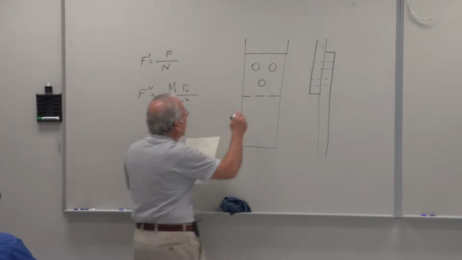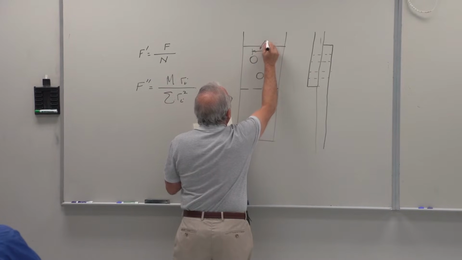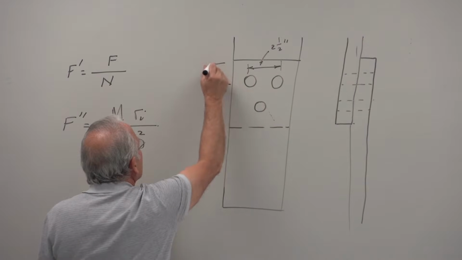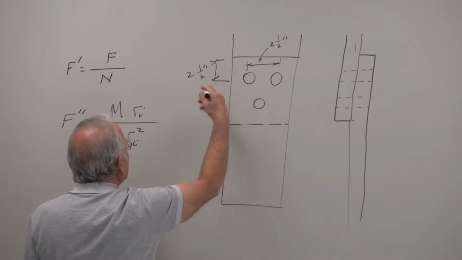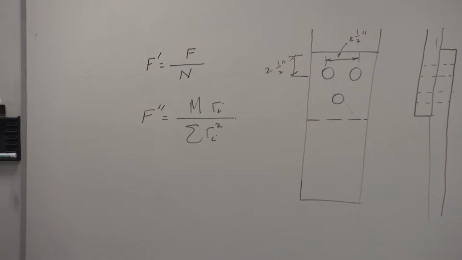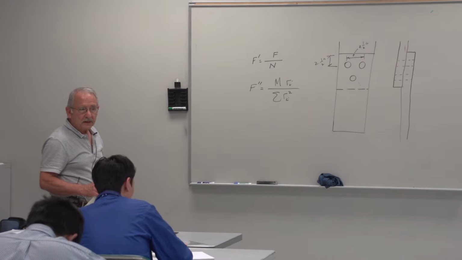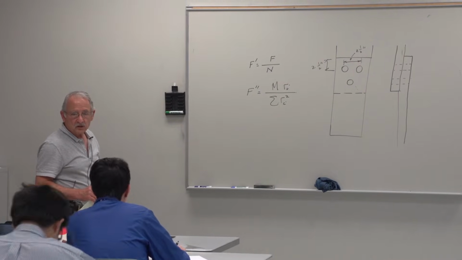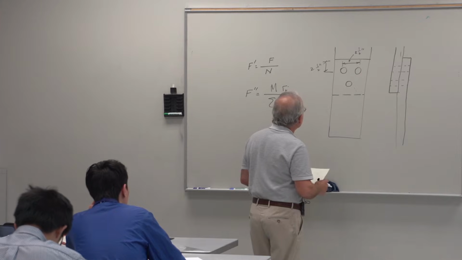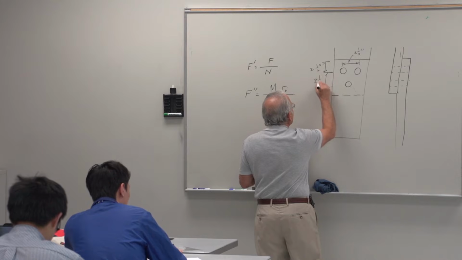The dimensions here are 2.5 inches, 2.5 inches. We're taking these dimensions, the distance between the bolt center and the end of the plate, at least 3 to 4 bolt diameters, to make sure that the type of failures that we were talking about, like splitting of the plate, does not occur. 2.5 inches.